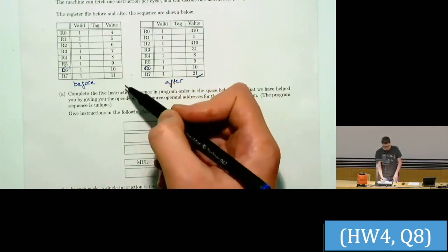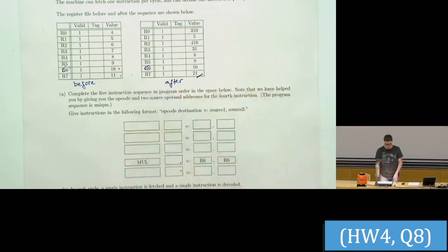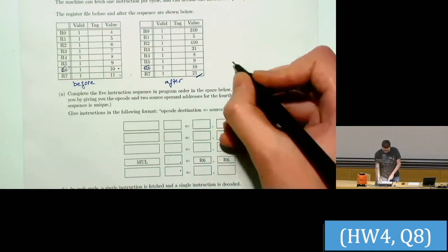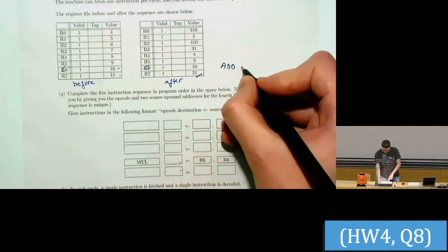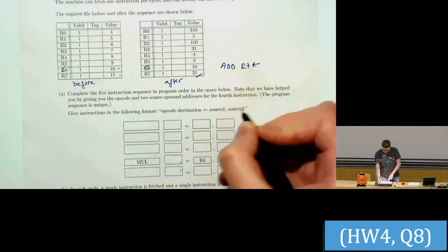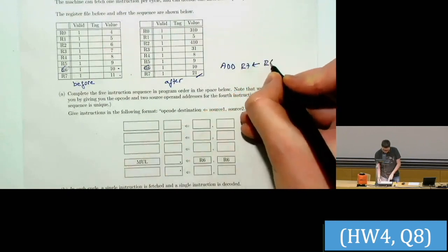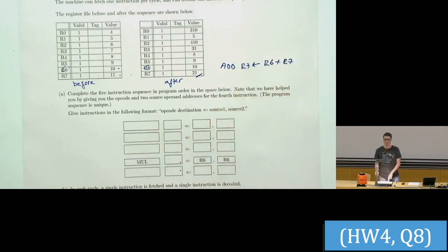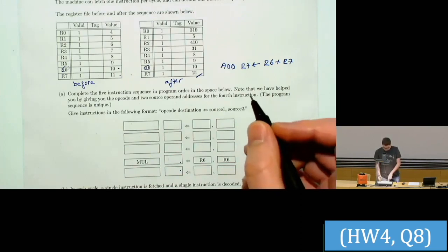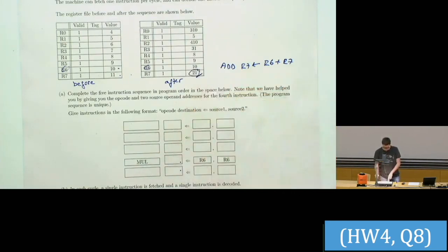The only option for doing that is adding together 10 and 11, right? We cannot multiply 11 and 1 because we don't have 1 in the register file. So one instruction then should be an add, which writes to R7 and uses R6 and R7 as source registers, okay? So this is creating 21 in here.